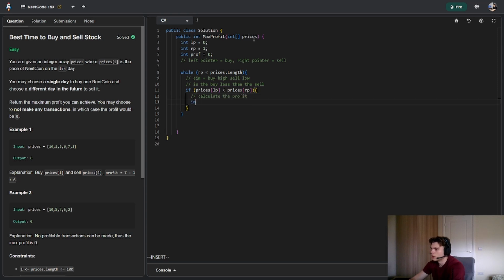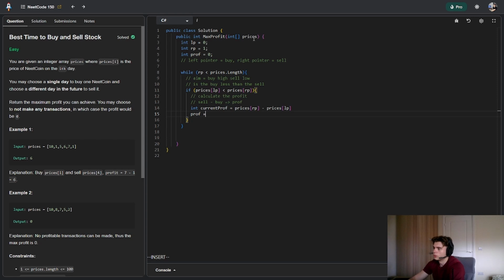So our current profit is going to be equal to prices at whatever we're selling at minus whatever we're buying at. Like in the stock market, it's literally going to be sell minus buy equals our profit.